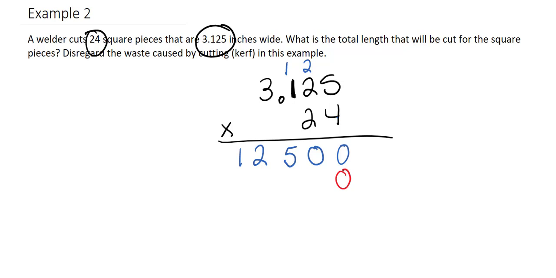Now we're going to do that 0 and move on to multiplying. 2 times 5 is 10. Carry the 1. 2 times 2 is 4, plus 1 is 5. 2 times 1 is 2. 2 times 3 is 6.